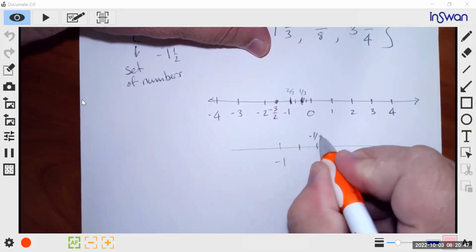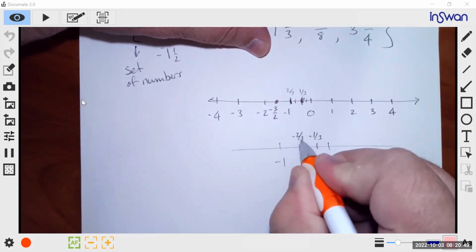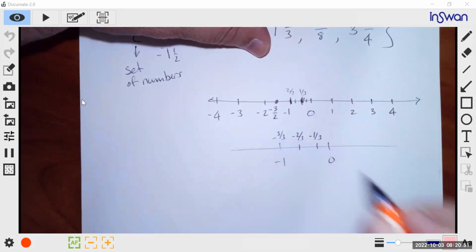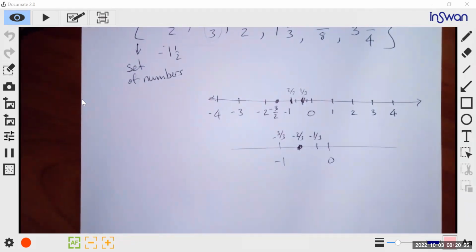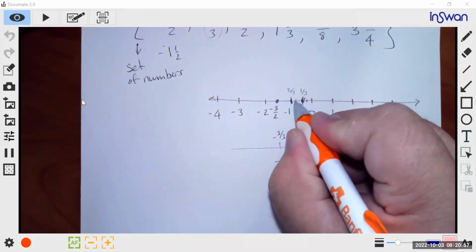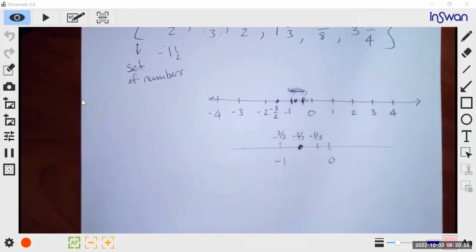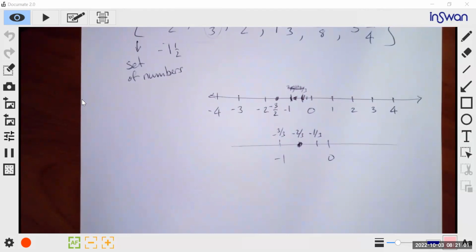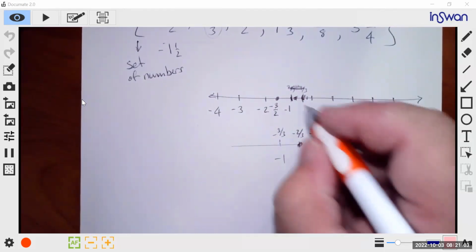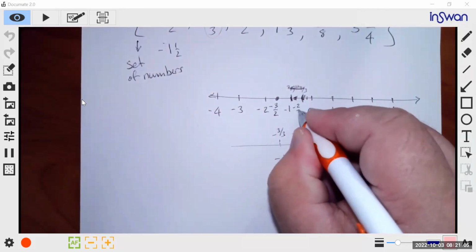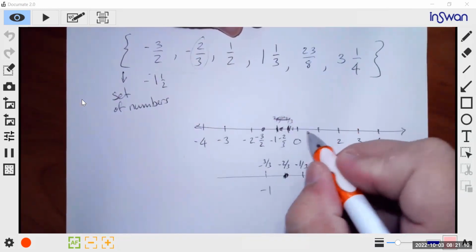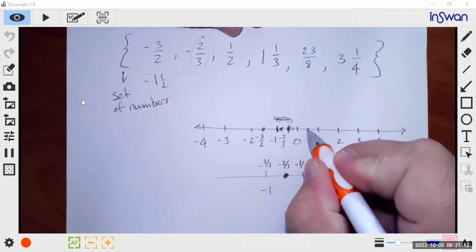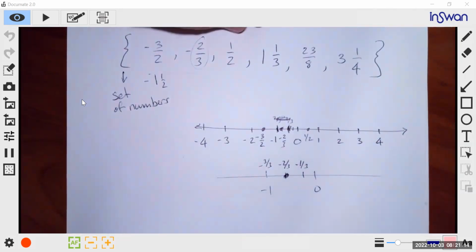This is negative 1/3, negative 2/3, negative 3/3. Our number is negative 2/3, so it's there. The next one is 1/2. That's halfway between 0 and 1. It's positive, to the right.